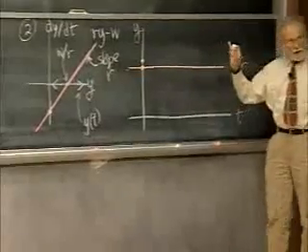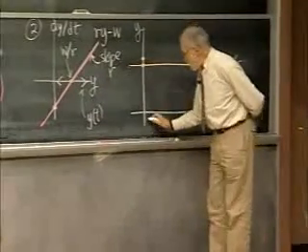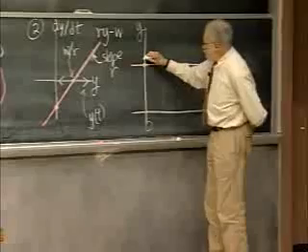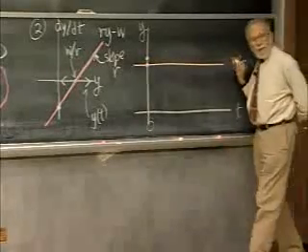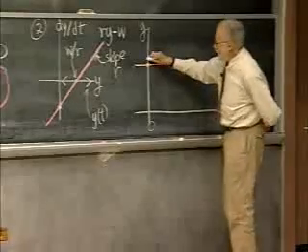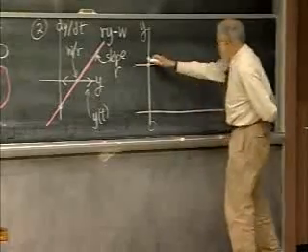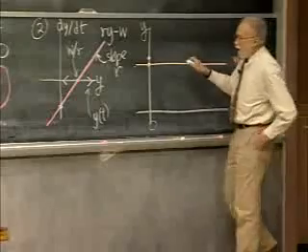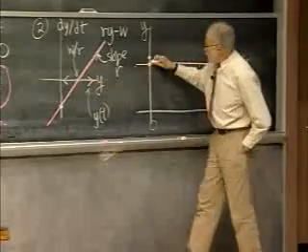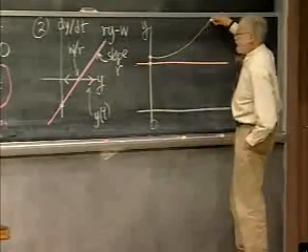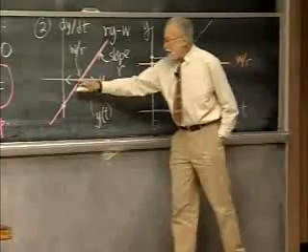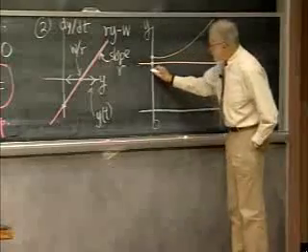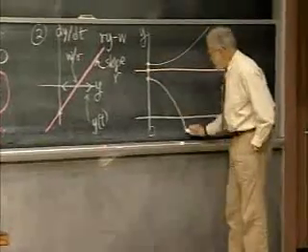So now I'm plotting solutions. If it starts at t equals 0 above this line, that is, with a value bigger than w over r, then it increases and increases faster and faster. If it starts below that, it decreases and decreases faster and faster.